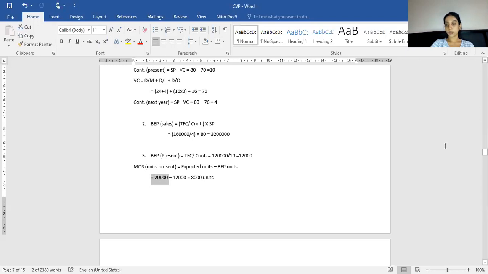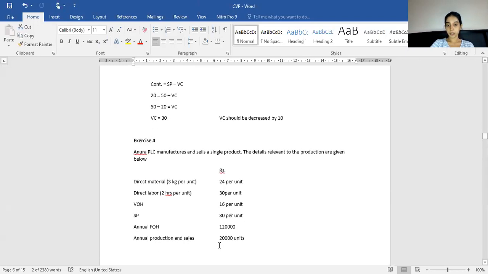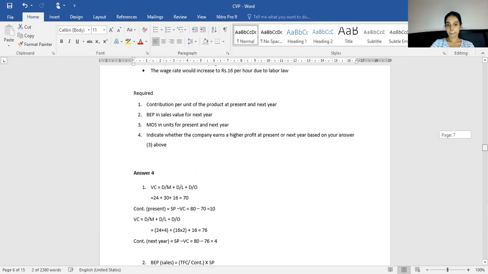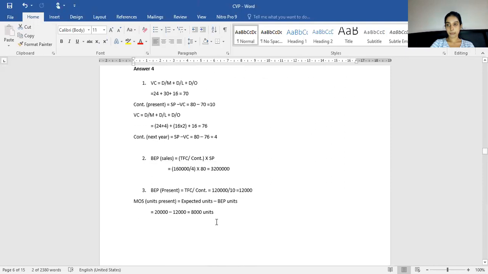It is given in the question. Expected number of annual sales and production is 20,000. 20,000 minus 12,000 break-even units will give you the margin of safety as 8,000 units.